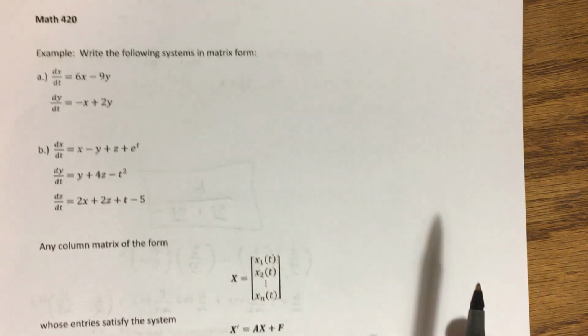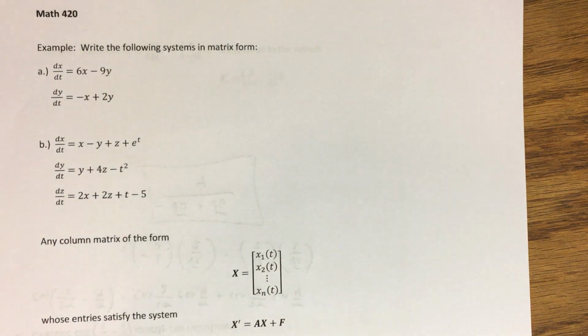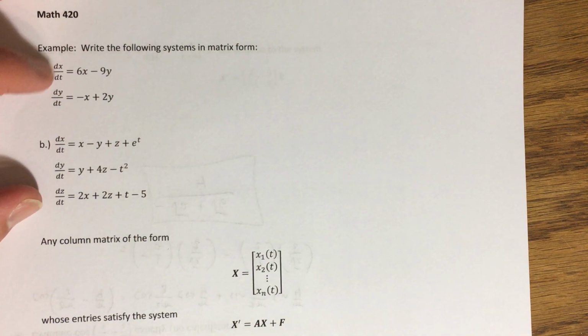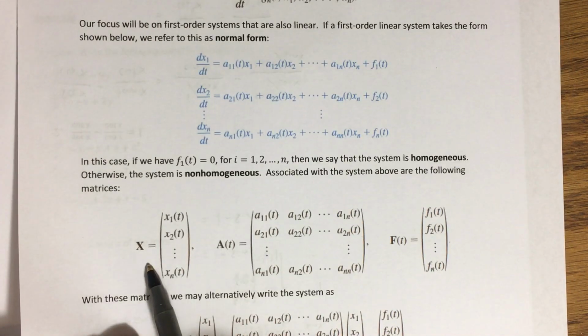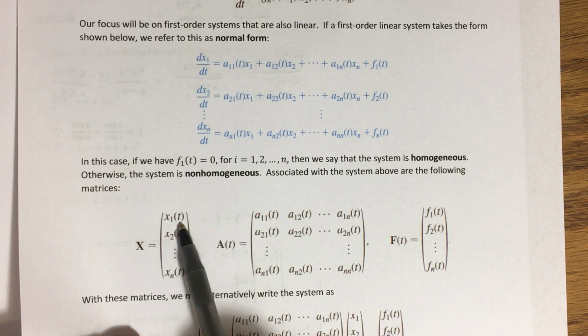So let's do a couple of examples where we're given systems of equations, and what we want to do is write them in matrix form. So looking at the systems that we have here, I have dx dt and dy dt. So my two unknowns are x and y. That means that the column matrix x here, instead of looking like x1, x2, x3, and so on, it's just going to be x, y.